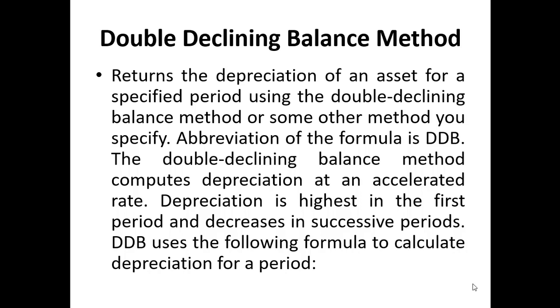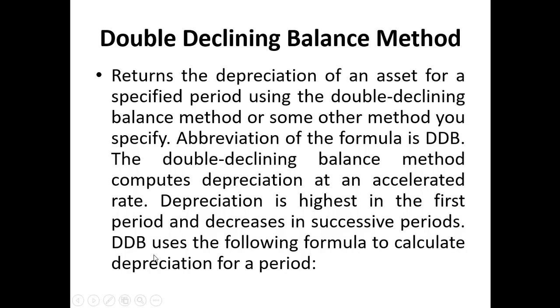So here basically what happens is, again you would likely witness higher depreciation in the initial age of the asset, but when the asset ages, you would witness a lower depreciation rate. The syntax for this double declining balance method would be DDB.